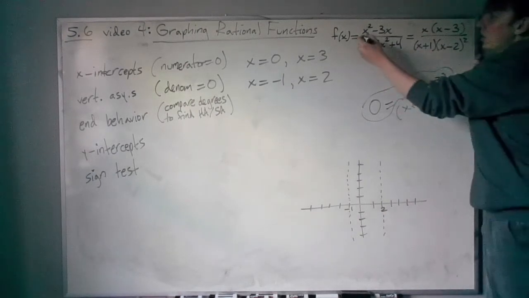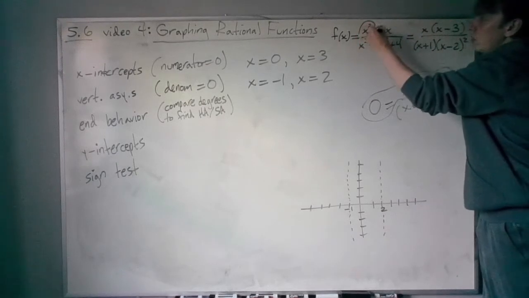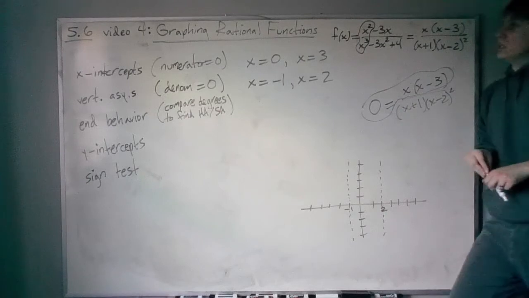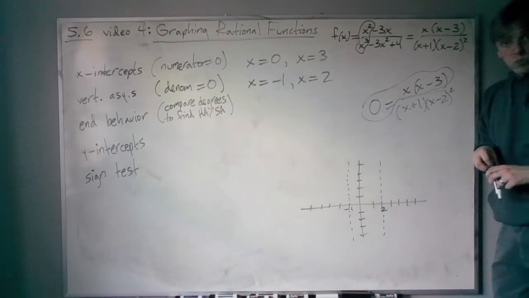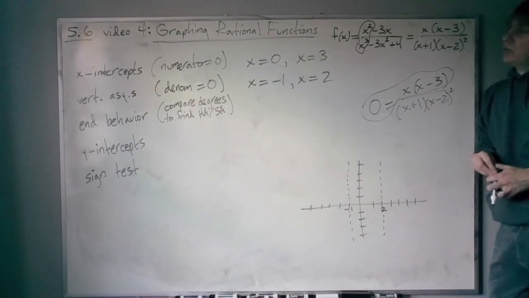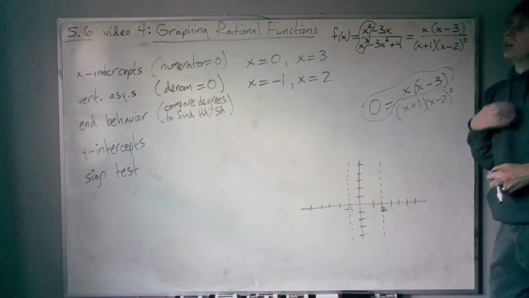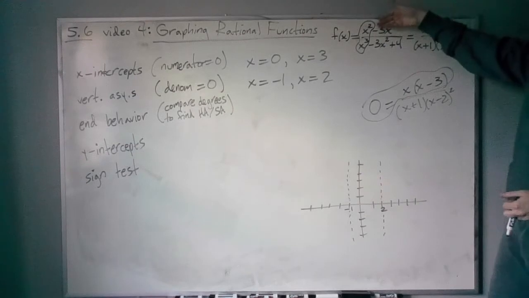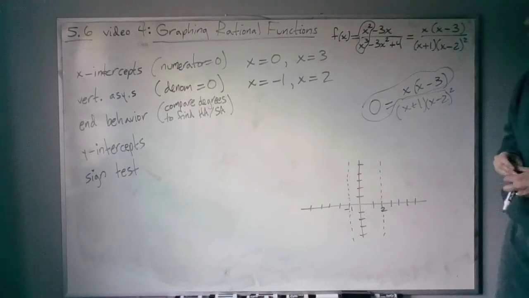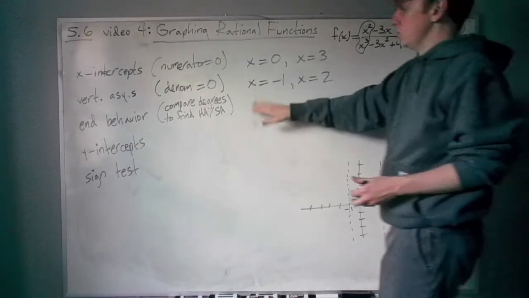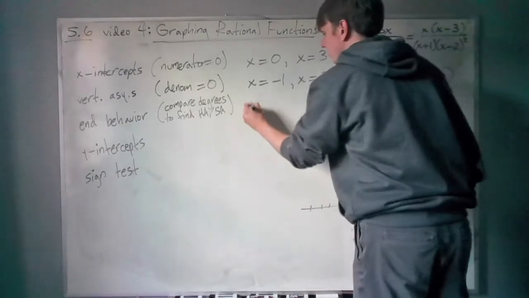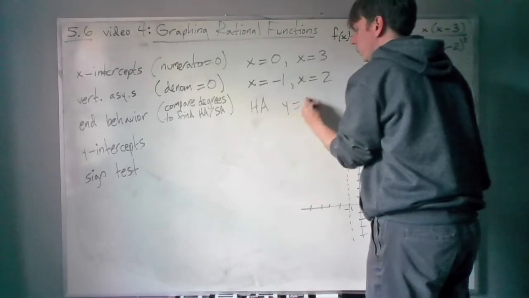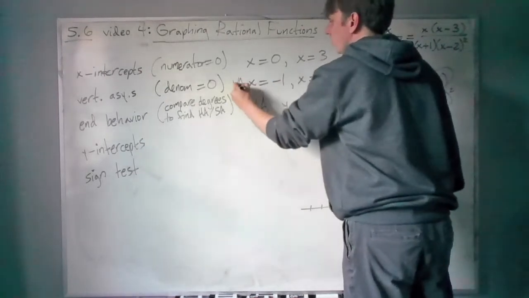So I can see, okay, the power of x is an x squared on top and an x cubed on bottom. And so this is actually the case where the denominator wins. The denominator has a bigger degree. And so that means as I plug in larger and larger numbers for x, this is going to be a relatively small number divided by a relatively large number. And so it's going to end up going to 0. And so our horizontal asymptote is going to be y equals 0. I guess I should have labeled these. These guys are vertical asymptotes.